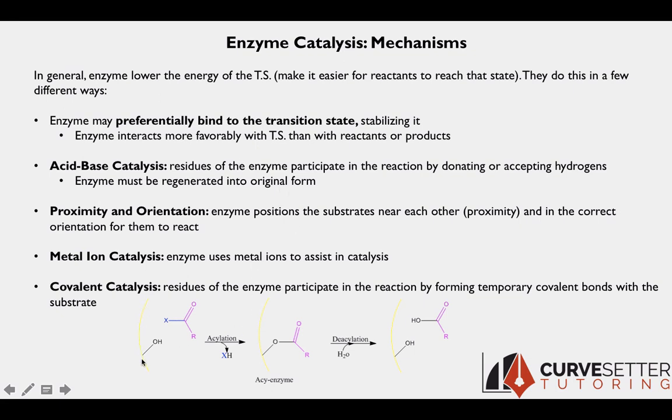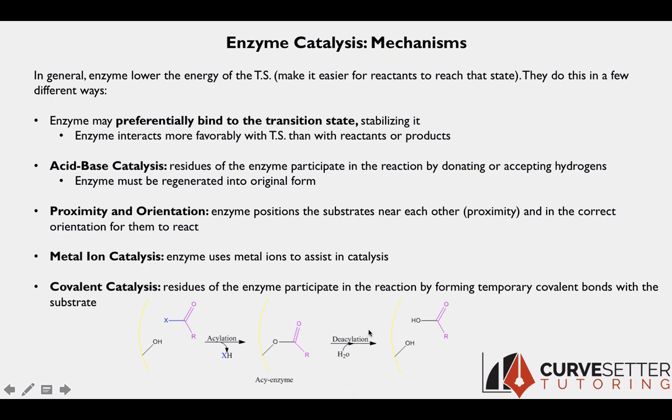So here, this yellow arch is indicating that the rest of the protein is over here. This is just a hydroxyl group of one of the residues of the enzyme. And you see that this is an example of covalent catalysis. There's a covalent bond that forms between the substrate and the enzyme.